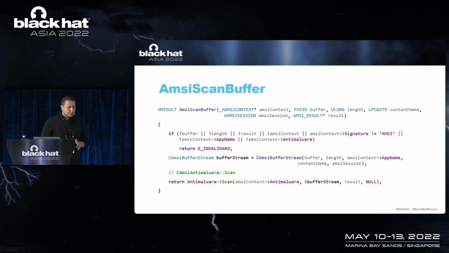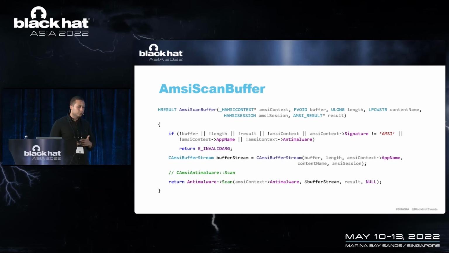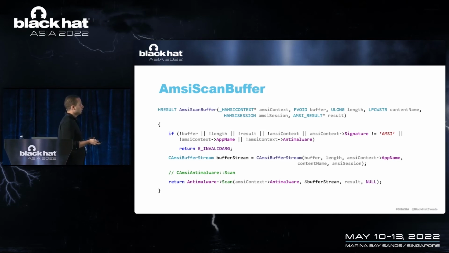AMSI scan buffer looks like this. First, it's going to validate the AMSI context that was supplied to it as a parameter. Then it's going to create a new instance of a class named CAMSI buffer stream that will represent the buffer that we're going to scan. Then we're going to refer to the anti-malware attribute inside the AMSI context and call a function named scan from this attribute, providing the buffer stream and the AMSI result.